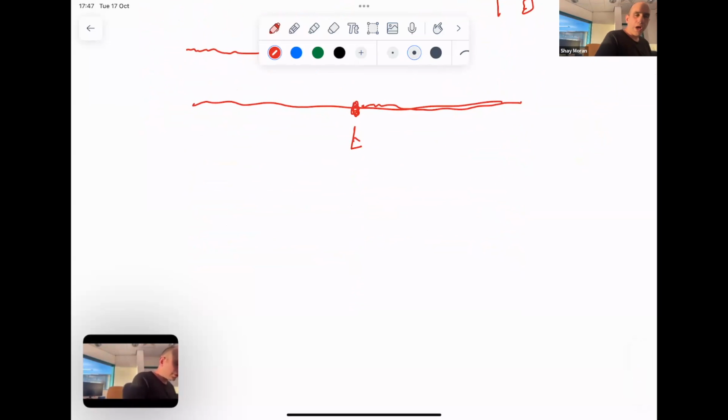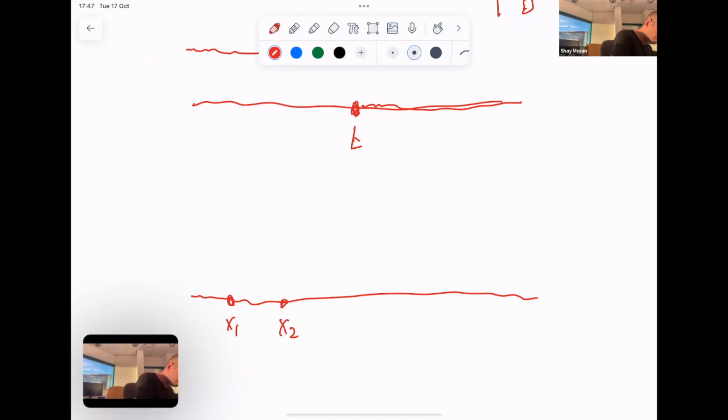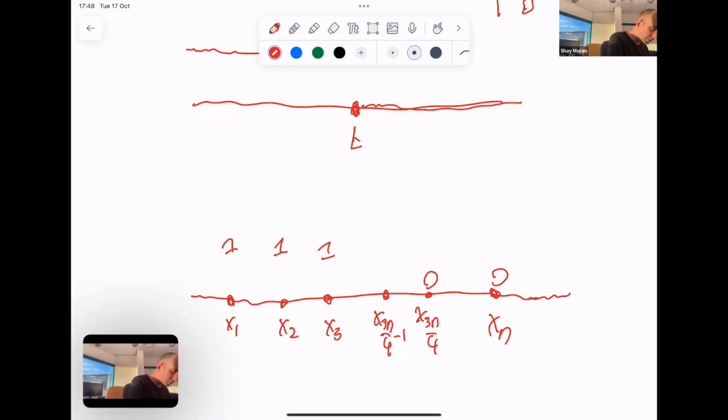So how will the training set look? We have x1, x2, x3, and so on, up to xn. The labels are 1, 1, 1, and somewhere maybe at x_{3n/4} the label becomes 0 and remains 0, while at x_{3n/4 - 1} it is still 1.